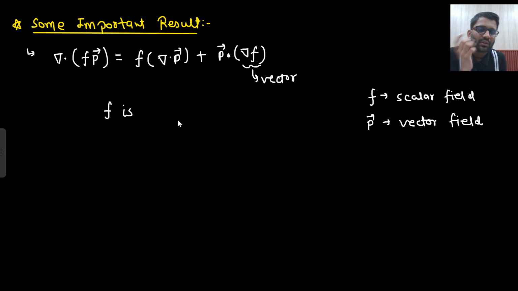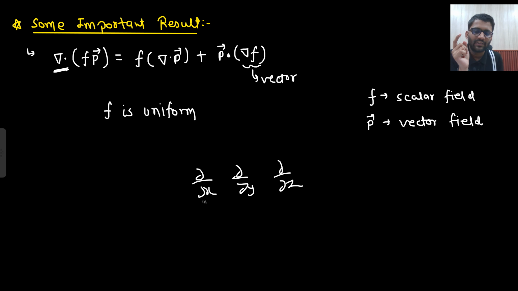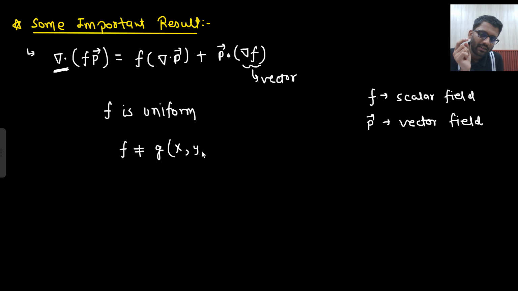Look, it is not necessarily to be constant, because if f is uniform, then it will not be a function of xyz. Look, del is a function of xyz, right? Del by del x, del by del y, del by del z. If f is uniform, that means f is not a function of xyz or r theta phi or rho phi z.